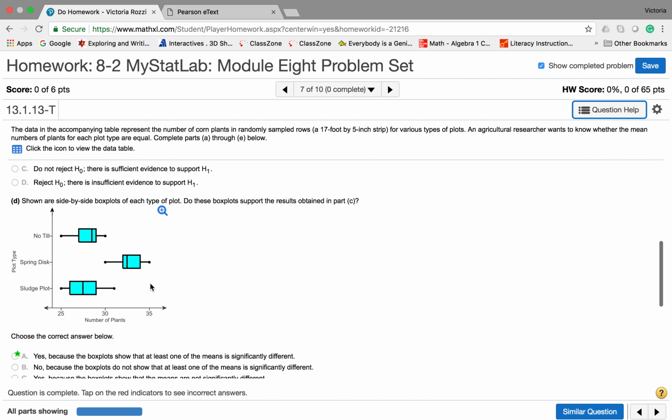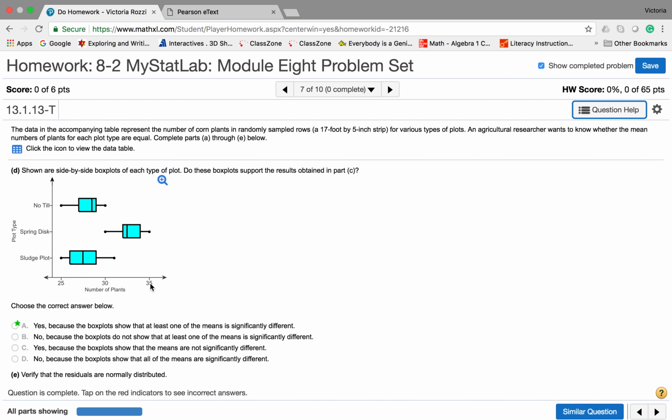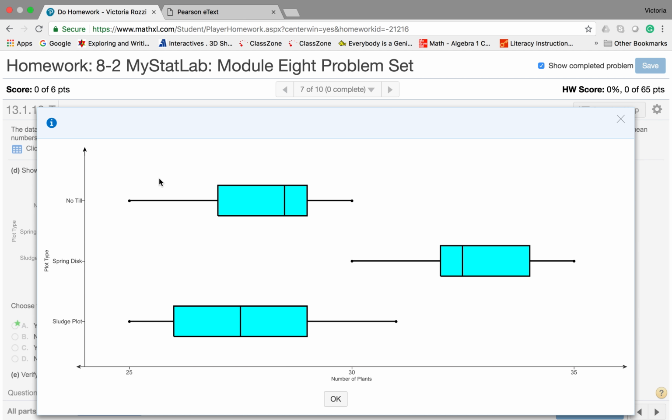Now for letter D, again, it looks more complicated than it actually is. The way you verify that at least one of them is different is that one of the boxes does not overlap the others. And you can really see here that spring disc is way over here, and the box does not overlap.